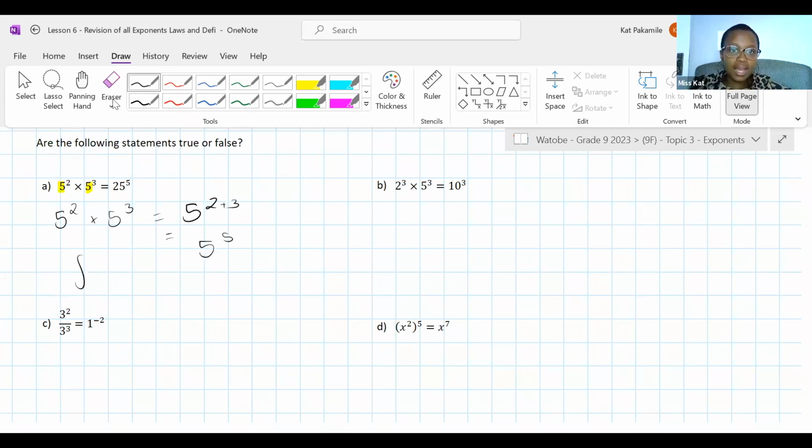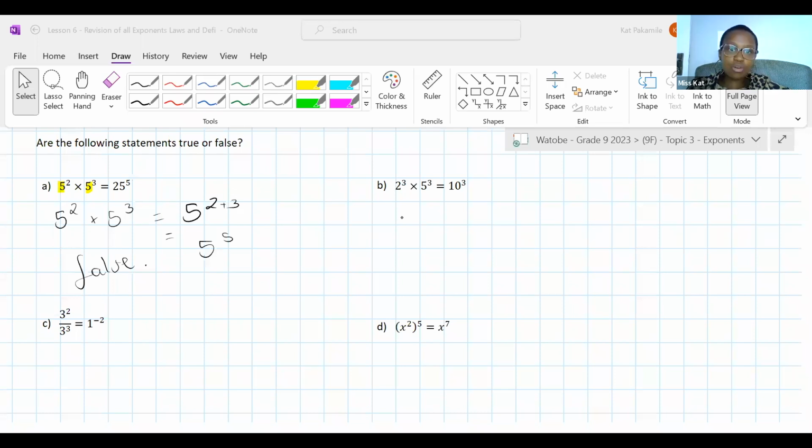Okay, guys, let's move on. B. I think you should rather look at the recording because we need to leave soon and you guys need to do the quiz. You guys are saying B is true. So if we have 2 cubed times 5 cubed, it's the same as 10 cubed.